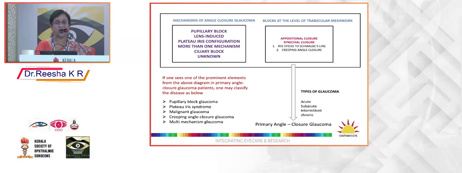If you see any of the factors pertaining to the lens or plateau iris or ciliary block or aqueous misdirection or appositional synechial closures looking at the level of trabecular meshwork block, it is better to define it and classify it as pupillary block glaucoma, plateau iris syndrome, malignant glaucoma, creeping angle closure or multi-mechanism, because by this you explain the 58% of patients who after laser iridotomy do again have recurrent acute attacks.